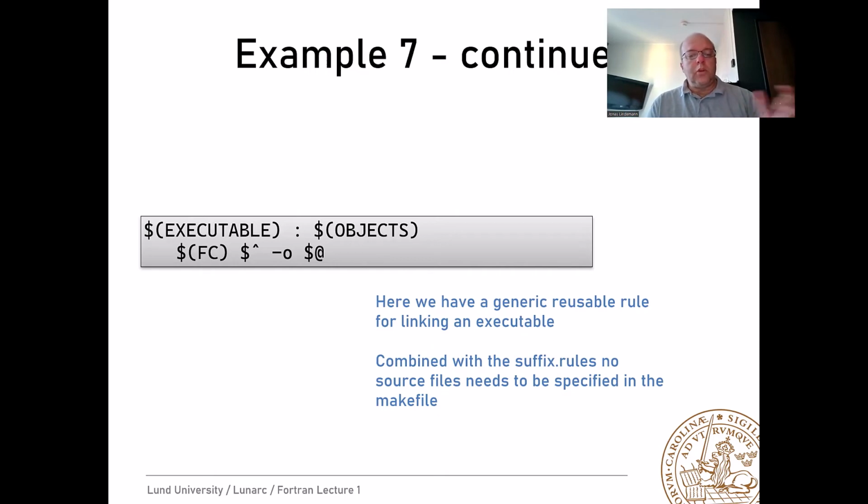So now we have executable depends on all these objects, $(OBJECTS). And to link the binary together, we use our generic rule here. So this is the dependencies and this is the target. So now this rule has become completely generic. We don't have any explicit mentions of a source code file in our directory.